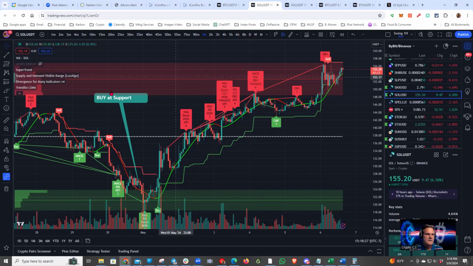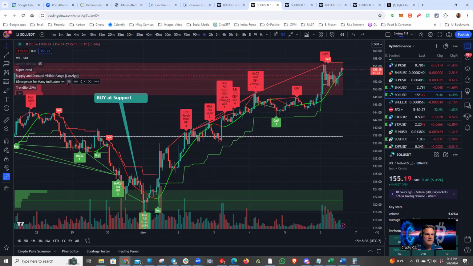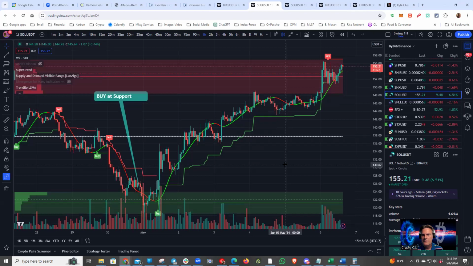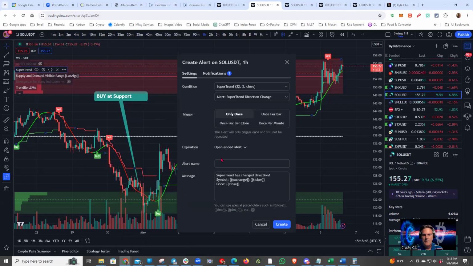But if you want to wait, if you're trading spot, oh, that was the wrong one. Let's turn divergence off so we're not confused. For trading spot, I would just set an alert on the Supertrend, just for once.